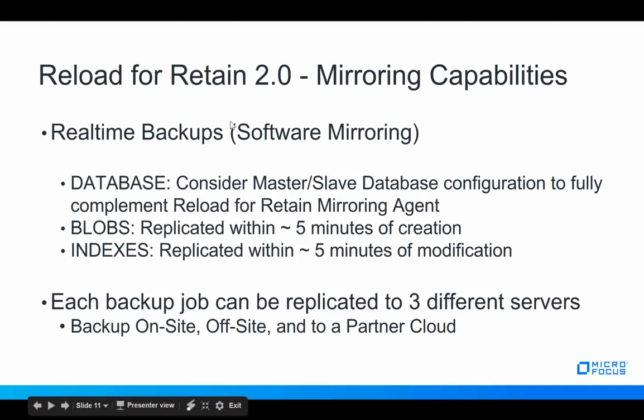Now, another really cool thing is this notion of software mirroring. I've kind of talked about it, but here's the idea. If you turn on the mirroring agent inside of the Reload for Retain agent software, a backup still goes on at whatever interval you want, but this mirroring also goes on, where it queries the database every 60 seconds by default.